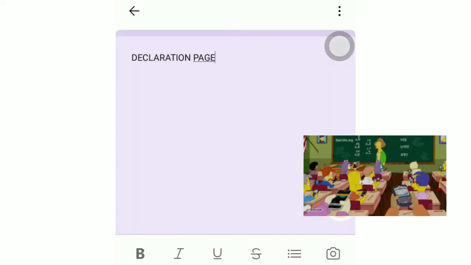Now let's go to the declaration page. So in the declaration page, basically what you are saying is that you are testifying that the work contained in the report is your work. And what should be included in the declaration page is the statement that that is your work.